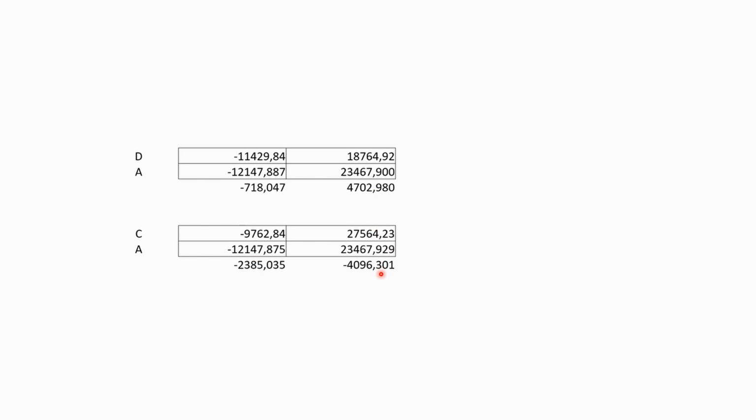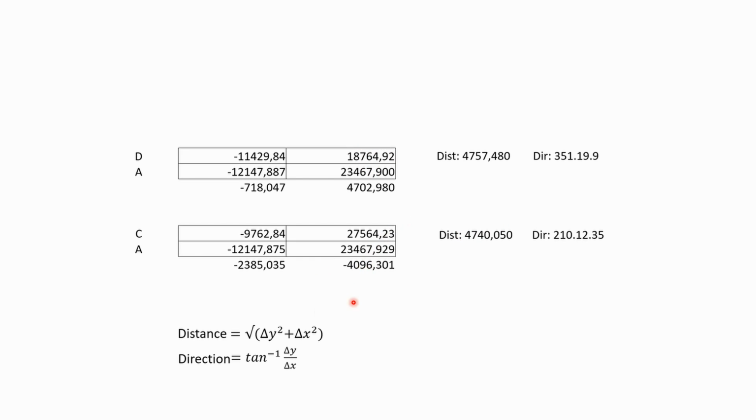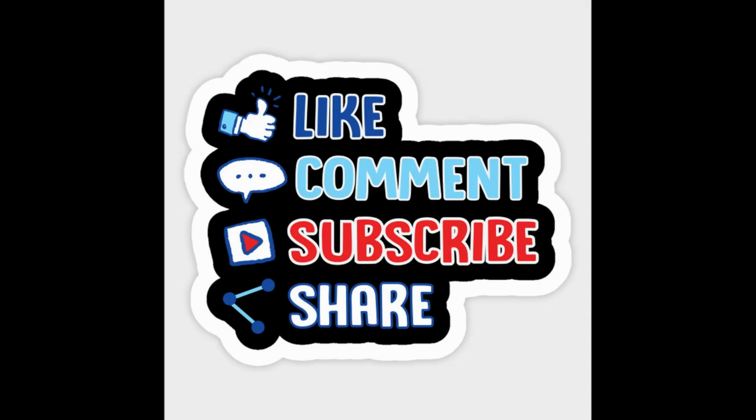Same with the delta X's: bottom coordinate minus the top coordinate. Then we use the two formulas we used earlier. We put in our delta Y and delta X values to calculate our two distances, and we also use arctan to calculate our directions.